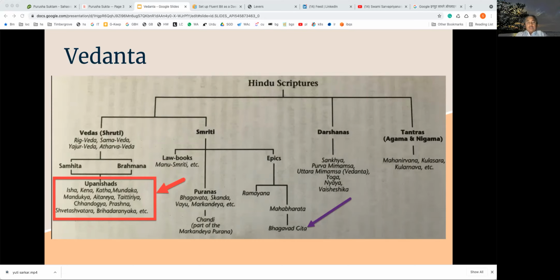So what is the relationship between these two? We'll get to that in a lot more detail, and you will see how the relationship is. And it actually makes a tremendous difference in what light you look at the Bhagavad Gita.